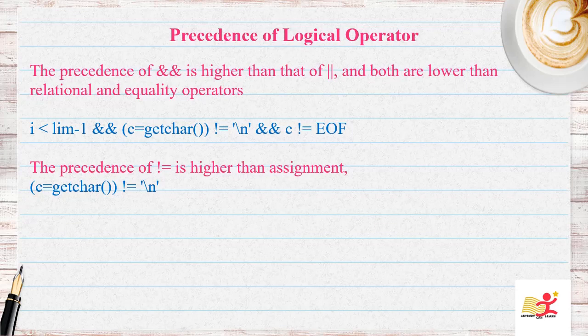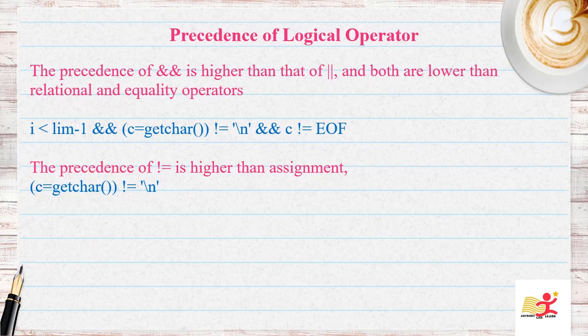But since the precedence of not equal to is higher than assignment, in the second condition you can see c = getchar() != '\n'. In that condition, the precedence of not equal to is higher than the assignment operation. So you have to use the parentheses around c = getchar().